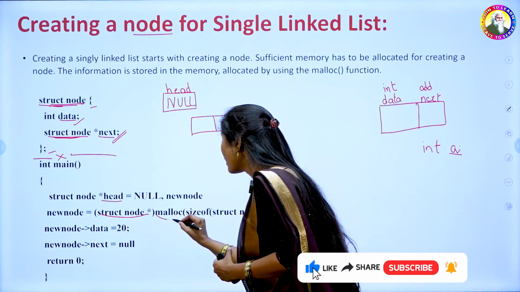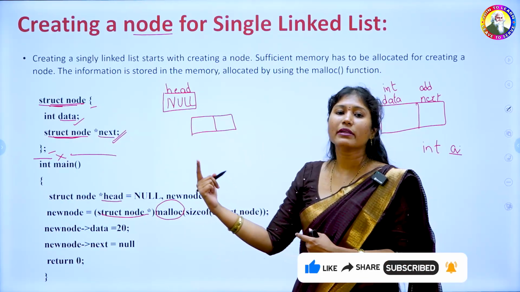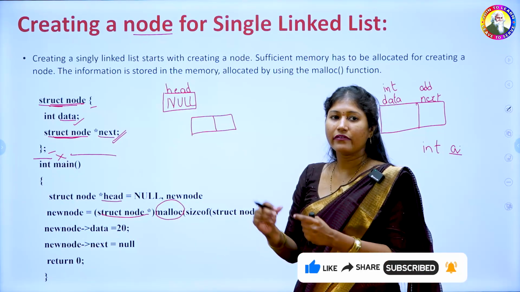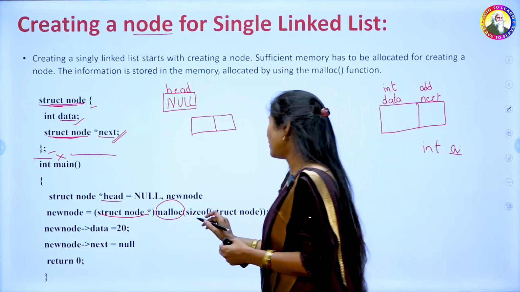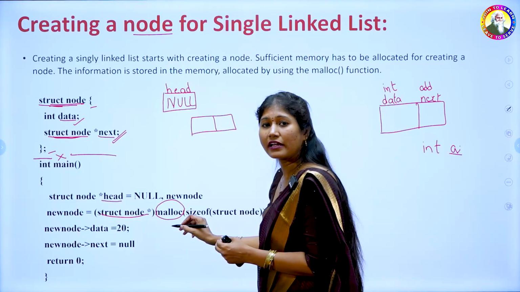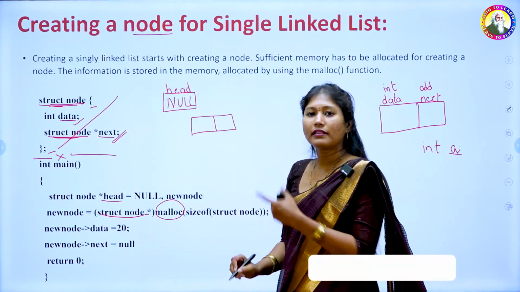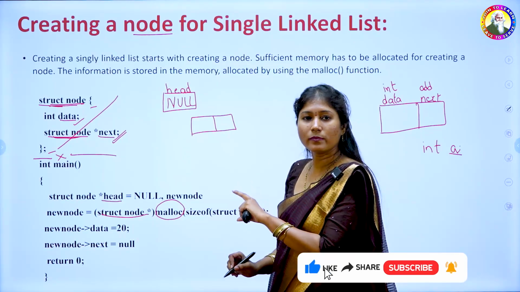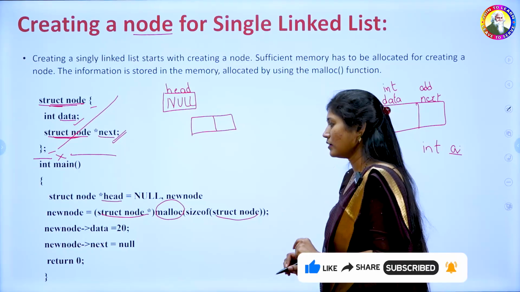Malloc is a keyword, memory allocation. Malloc is nothing but dynamic memory allocation. Whenever you call this function, memory will be allocated dynamically. After that, how much memory must be allocated? How much space is required by this node? That much memory is required. So, sizeof struct node.